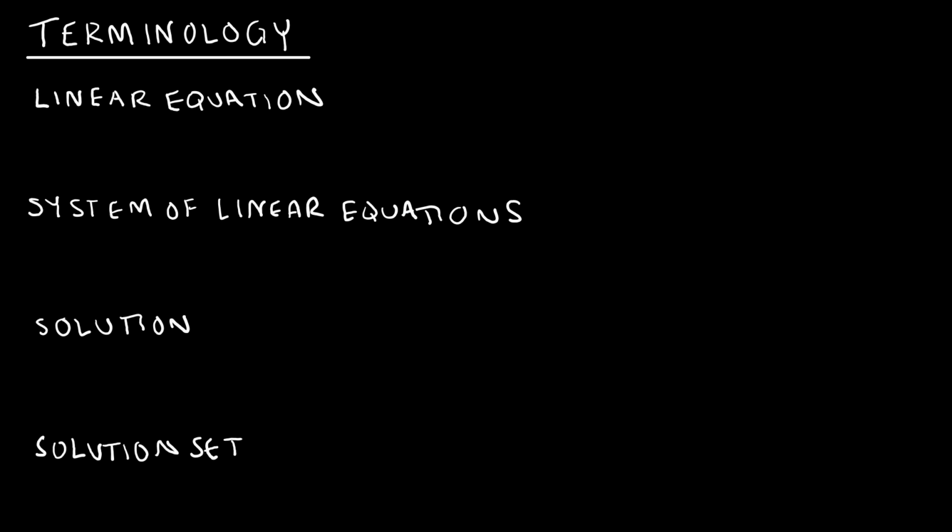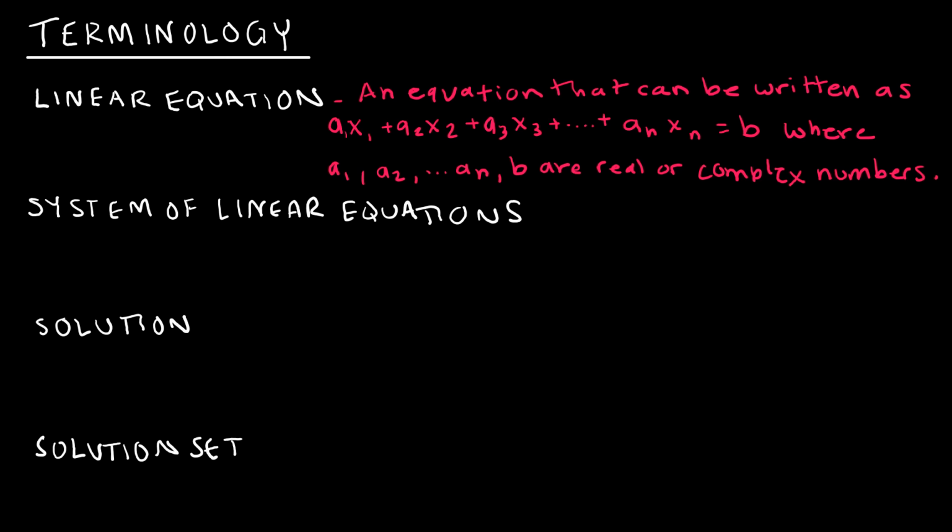Let's talk about some terminology together, just so that when we are talking about something, we're all talking about the same thing. First is a linear equation. A linear equation is simply an equation that can be written as a1x1 plus a2x2 plus a3x3, etc., equals b, where obviously a1, a2, all of those values, and b, which is the solution, are real or complex numbers.